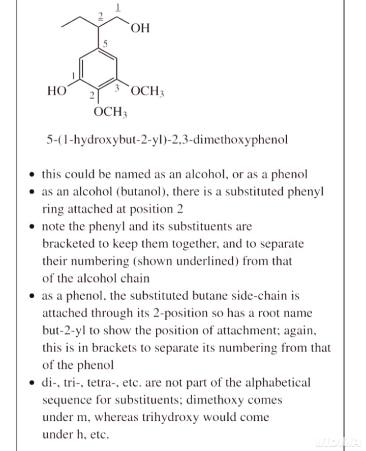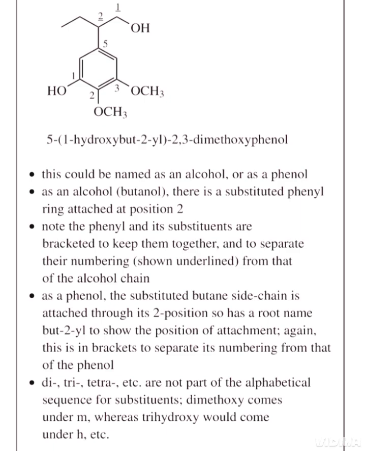Okay, so let's skip to the fourth dot. As the phenol, the substituted butane side chain is attached through its 2 position, so it has the root name butyl, to show the position of attachment again. Butyl is from butanol, and its root name is butyl, which means its 2 position, and -yl is alkyl as the substituent.